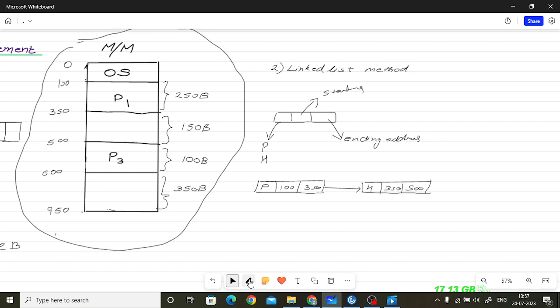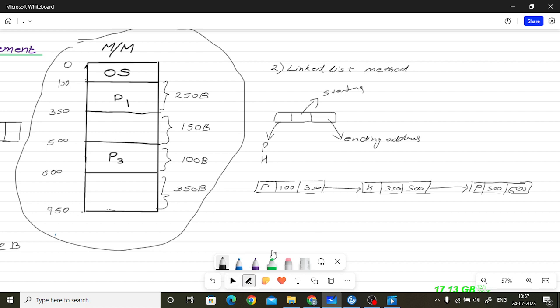And after that there is a process starting from location 500 and ending at address 600.